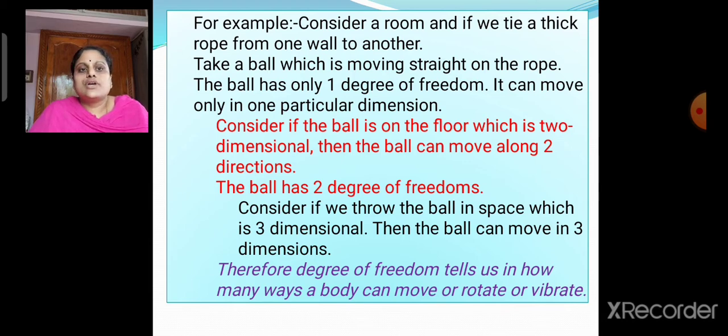If we throw the ball in space, which is 3-dimensional, then the ball can move in 3 directions: along x, y and z. Therefore, the ball has 3 degrees of freedom. Hence, the degree of freedom tells us in how many ways a body can move, rotate or vibrate.